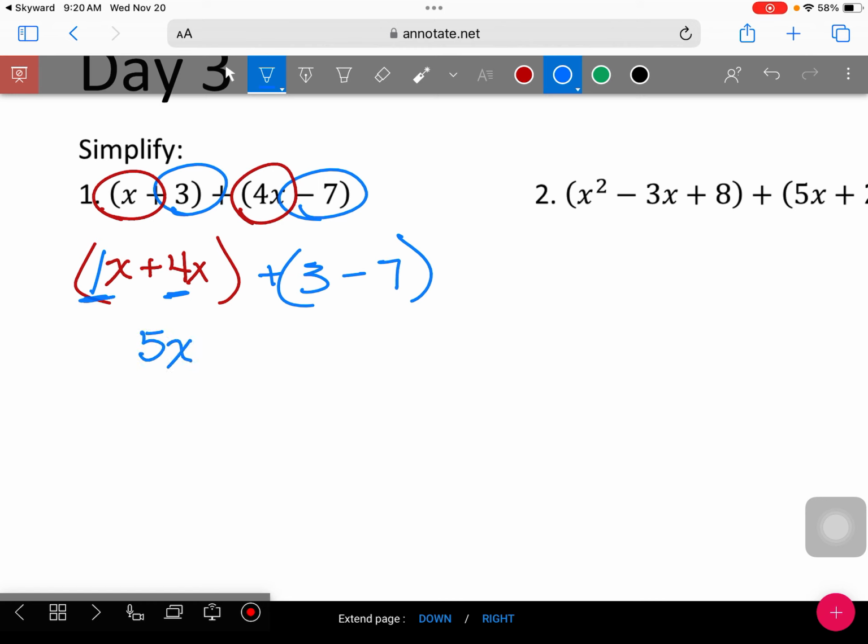And 3 minus 7 would be -4. So my final answer is 5x minus 4. How many have that at their seats? Good. Nice. Any questions about that?